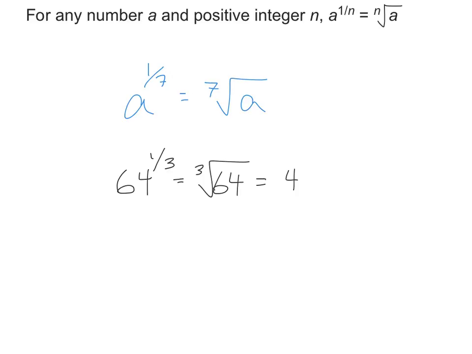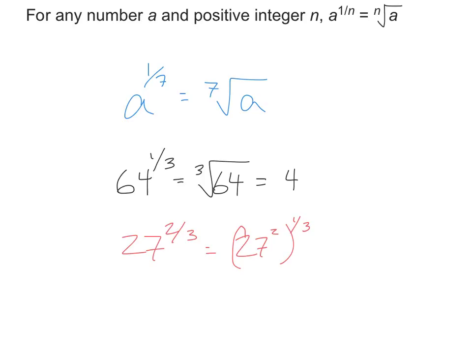So let's go even a little further still. If I'm looking at something like, we'll say 27 to the 2/3. How do I simplify something like that? Well, we can split it up into two different things. I can look at this as 27 squared to the 1/3.